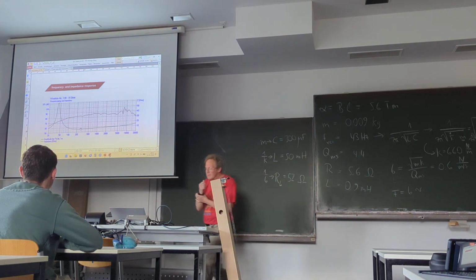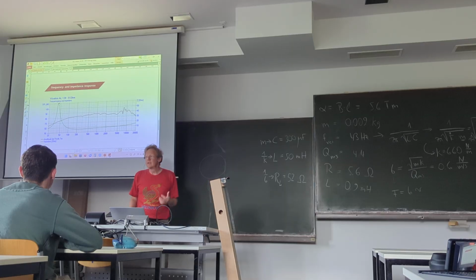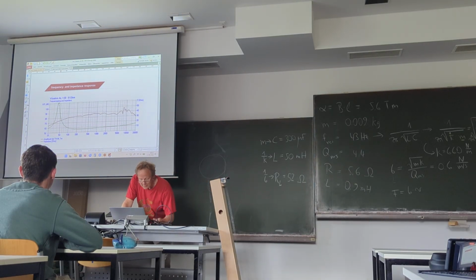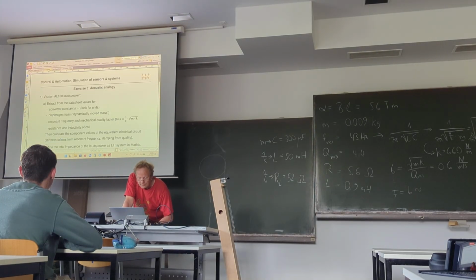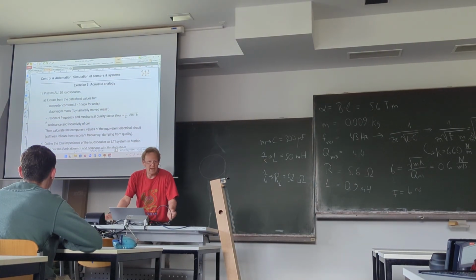I don't know where the differences come from, but maybe they have a little bit more damping. It's just one measurement, and typically in the data sheet you get an average value of many loudspeakers. Okay, but it seems at least reasonable. And I would say then we can leave it at that.